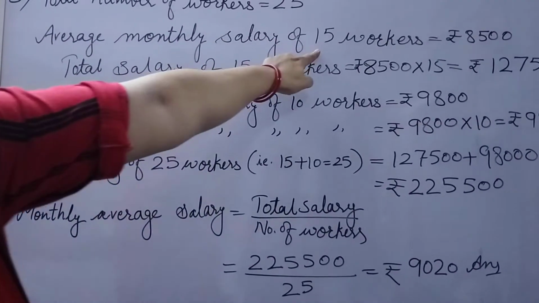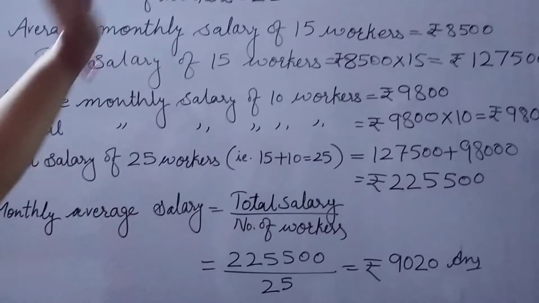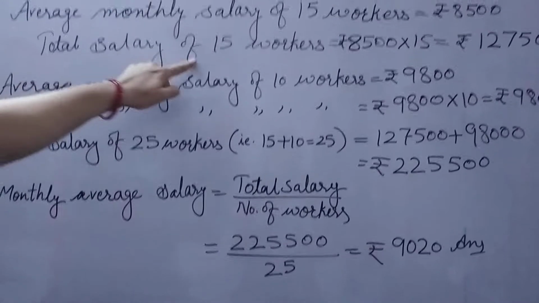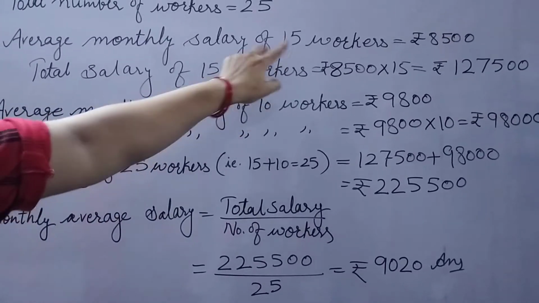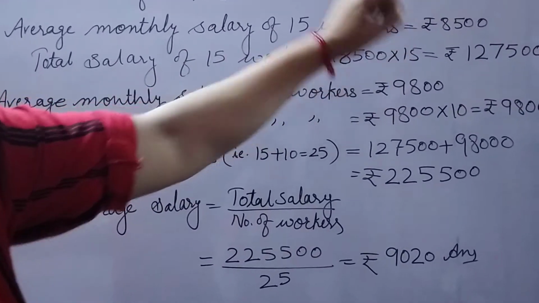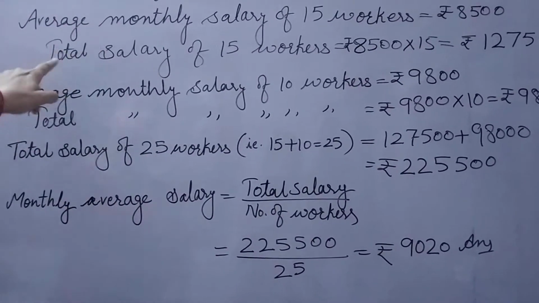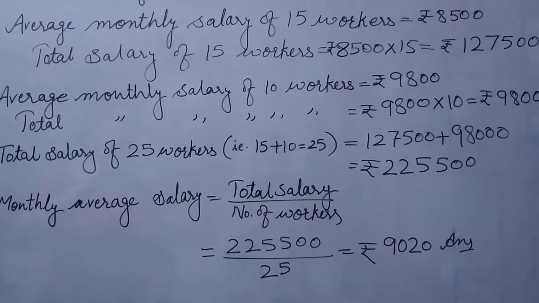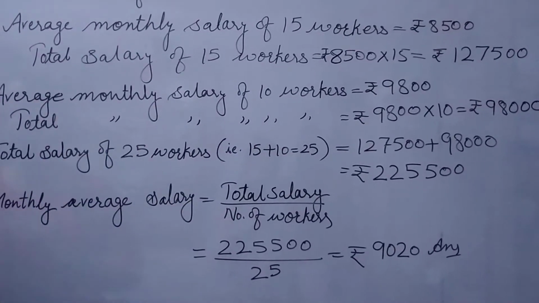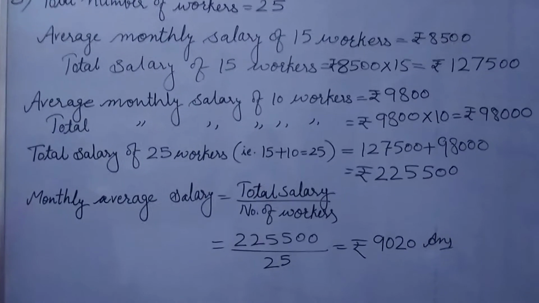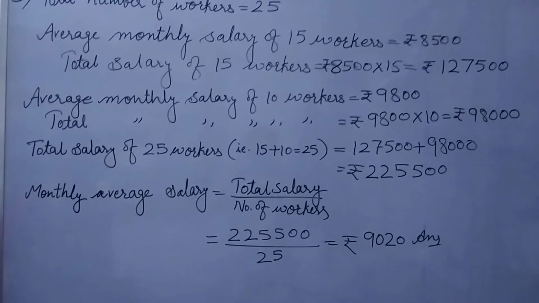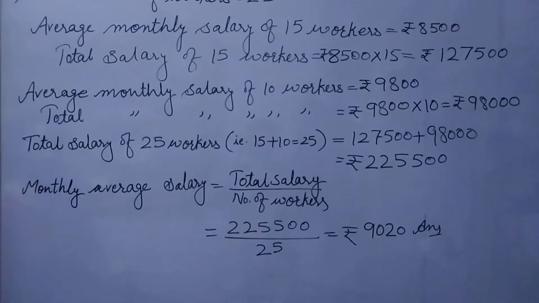Average salary of 15 workers is 8,500. We can find total salary of 15 workers by multiplying these two. Okay, now the other 10 workers have an average salary of rupees 9,800.